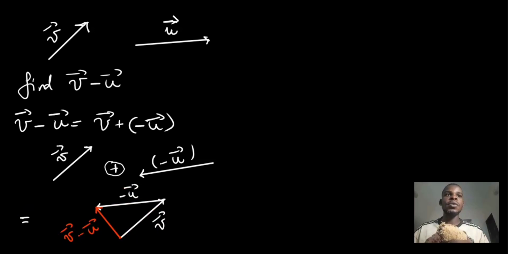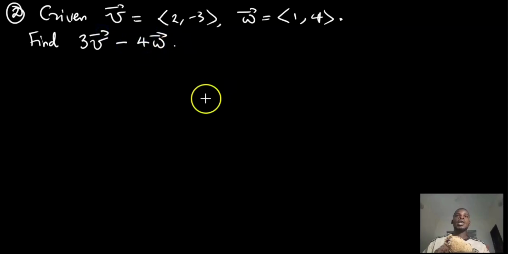Probably just do one more example. This example will consist of a lot of concepts, from subtraction to multiplication of a vector by a scalar. Okay, we're not going to use diagrams for this, we'll just do it algebraically.